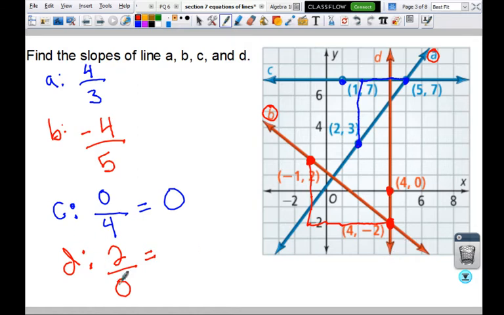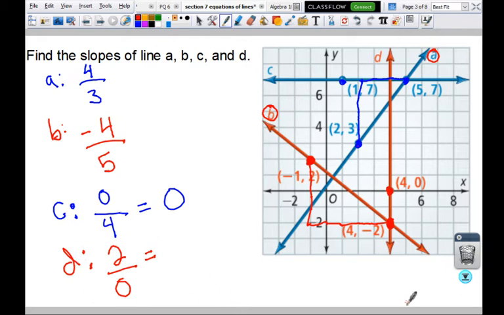Okay. On this though, can I do 2 divided by 0 in decimals? No. What did I get? Caleb, you got decimals right there. What's 2 divided by 0? Yeah, no, other way around. 2 divided by 0. What's it say? Undefined. Because can you divide by 0? No, you can never divide by 0.